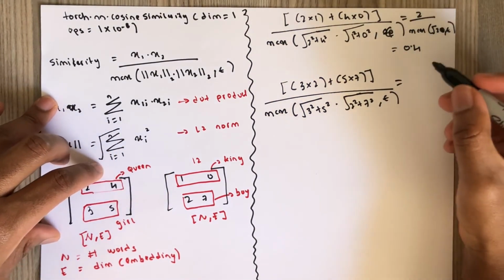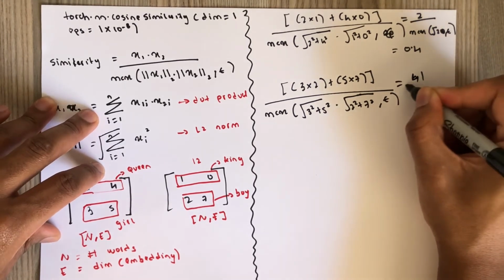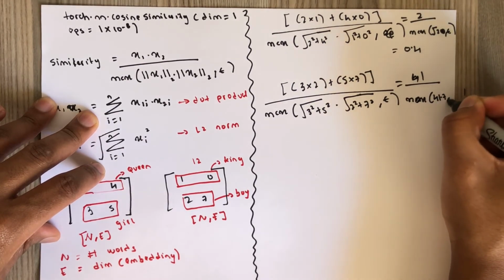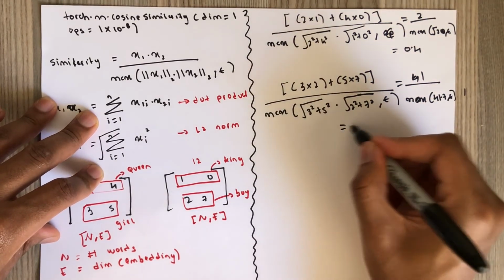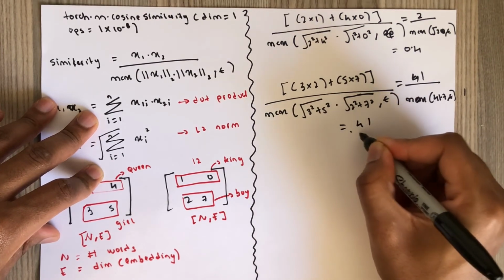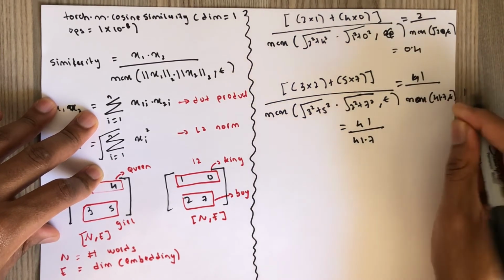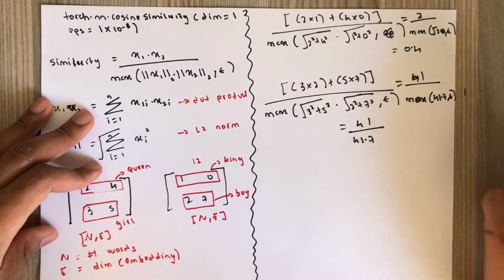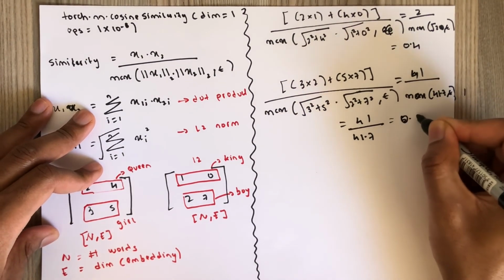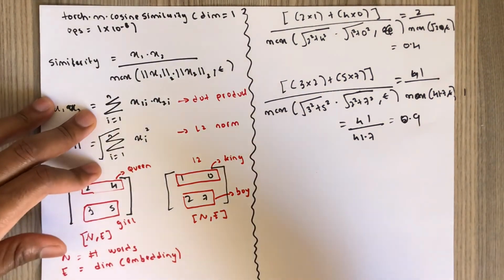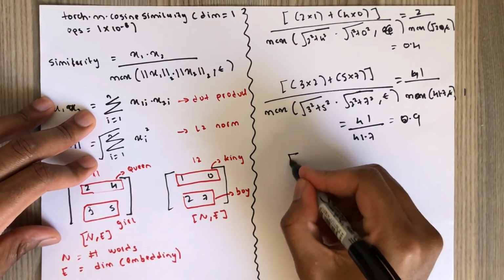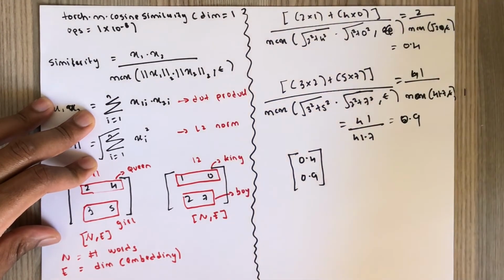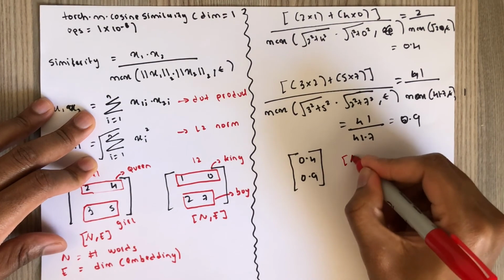I've done it already. It is 41 divided by the max of 41.7 and e, and this is 41 divided by 41.7, because the max of 41.7 and e is 41.7, and this is 0.9. Alright, so PyTorch will give you a result of something like this, 0.4, 0.9, which depends on n.